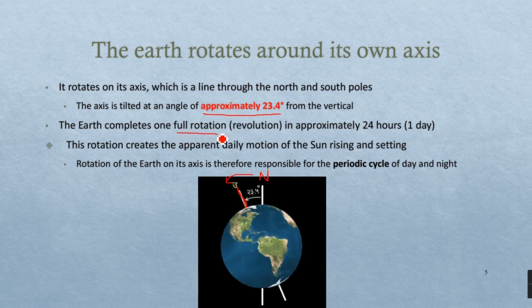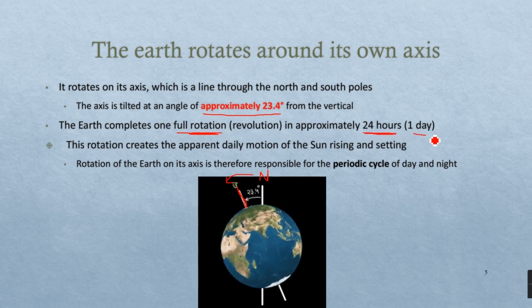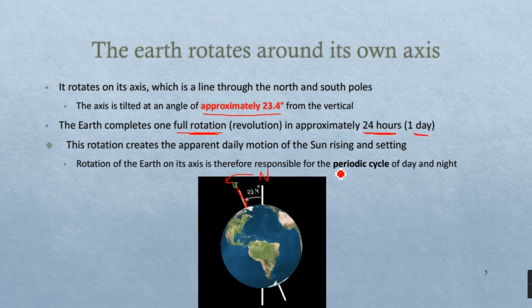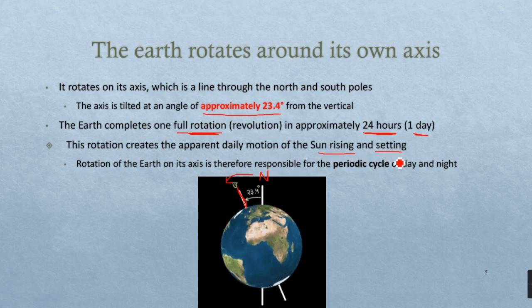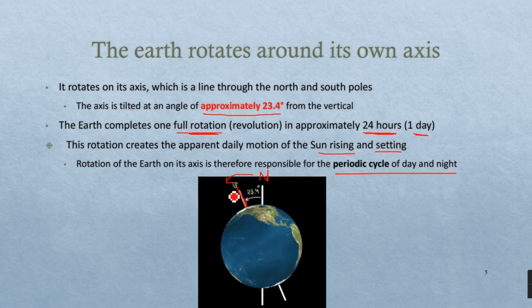And the Earth also completes one full rotation around its own axis approximately every 24 hours, or every day. This rotation creates the daily motion of sun rising and sun setting, and we can call it the periodic cycle of the Earth rotation around its own axis.